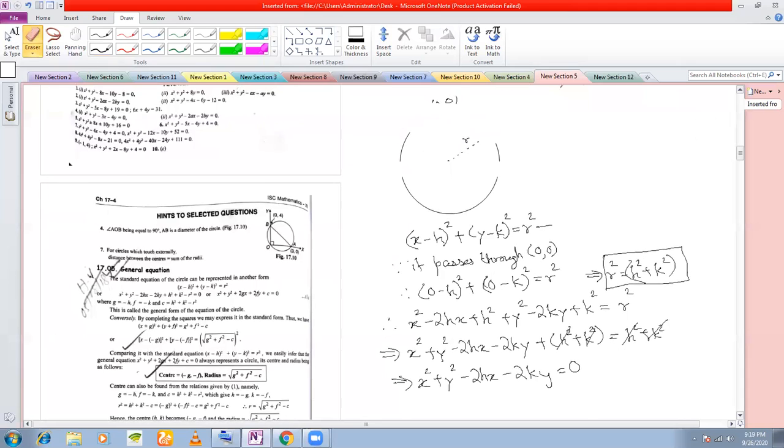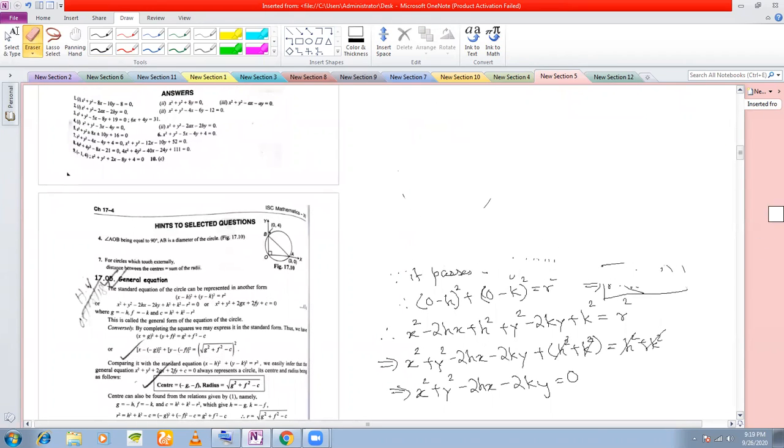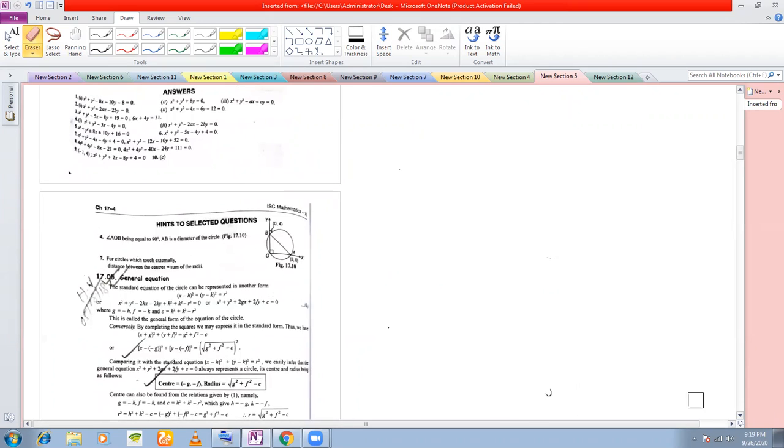So this was the first case. The next case is if the circle touches any of the axes, either the x axis or the y axis.